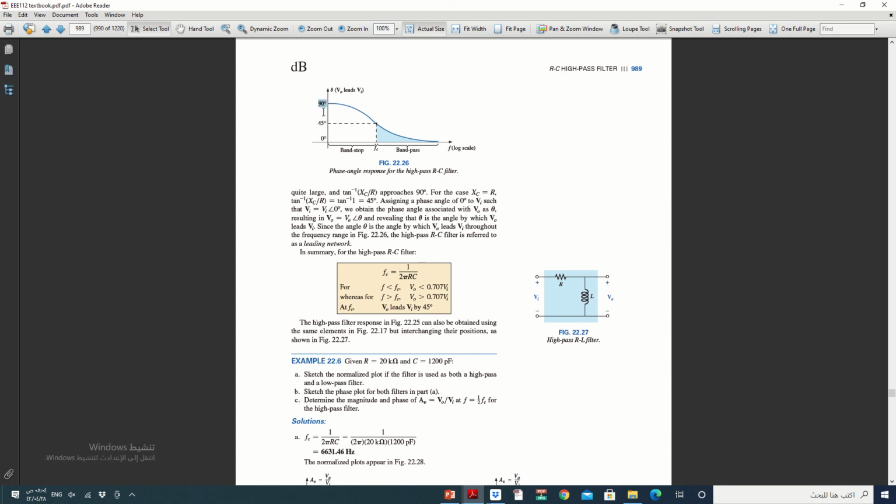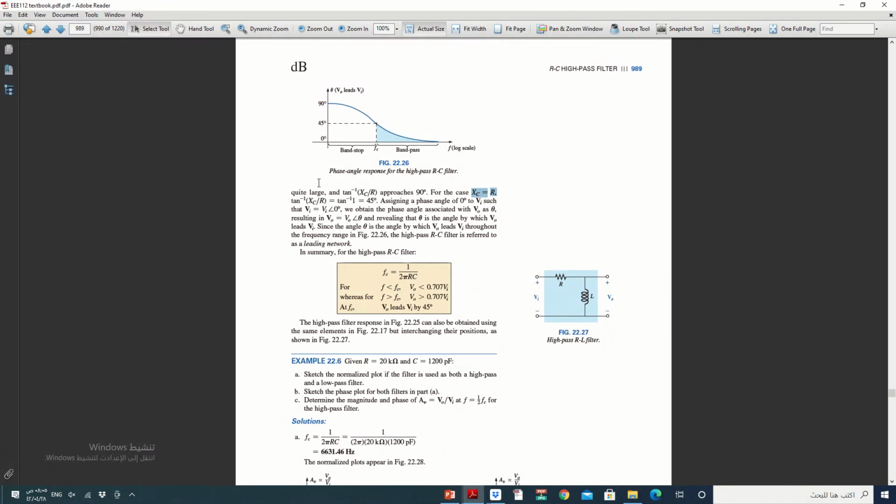Okay, if anyone asks you to draw the phase angle response of the high pass RC filter, you can draw this. And we know that if R equals XC, you will get tan inverse 1, which is 45. At the cutoff frequency, you will get an angle of 45.